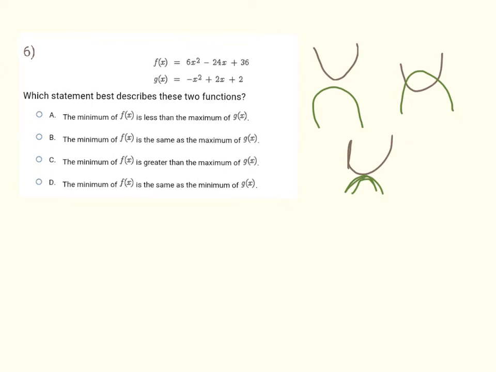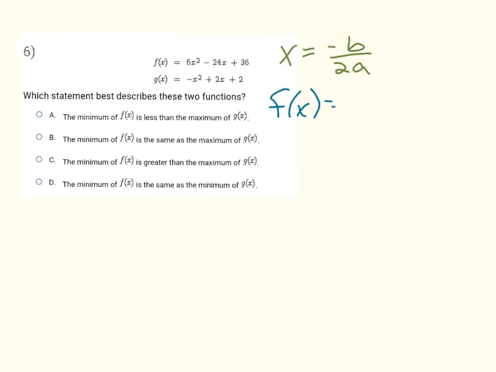So we have to actually calculate each minimum and maximum to find out which one's going to be higher. We're going to be using my formula, since these are in standard form, where x equals negative b over 2a, to find the x coordinate. First we're going to do that for f of x.